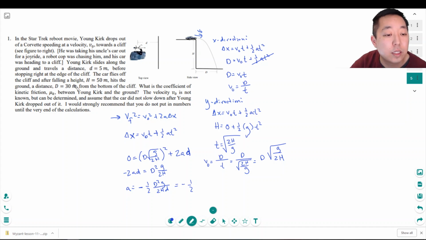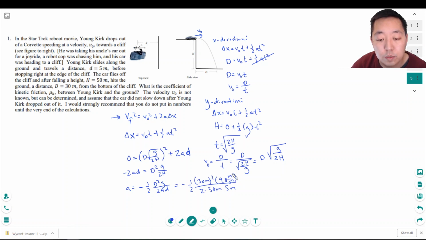Big D is 30. g is 9.8 meters per second squared. Oh, this 2 and 2 I could have made 4. But h is 50 meters. And d is 5 meters. And so let's look at the units just to make sure. I have meter squared, meters cubed over meter squared.